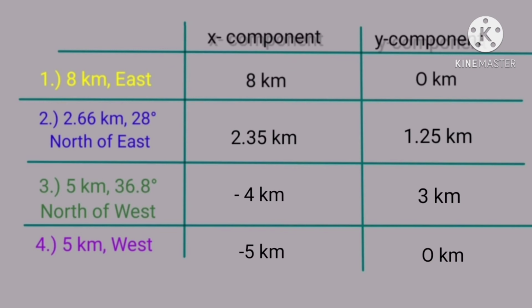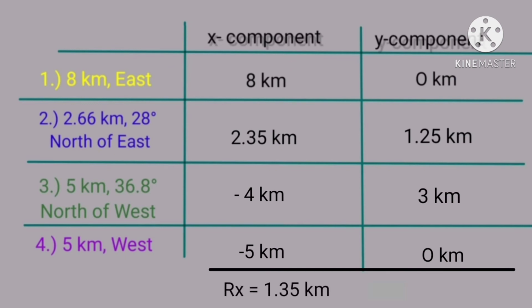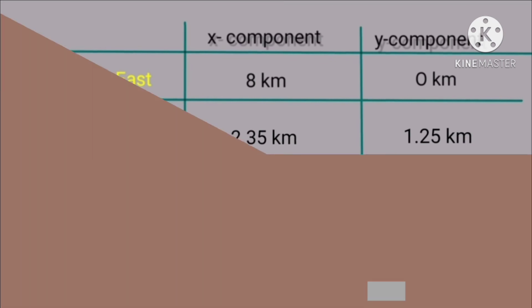Now our table is complete, so we need to get the sum of the x components and the y components. The value is 1.35 kilometers for the x component and 4.25 kilometers for the y component. So now, we have 1.35 km for the x component of the resultant vector and 4.25 km for the y component of the resultant vector.